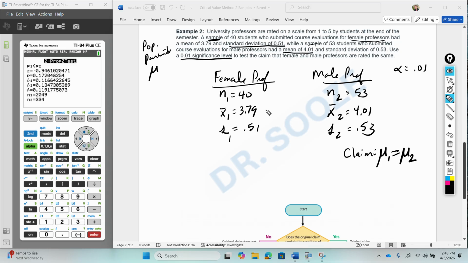Okay. So yes, in the two samples here, they're not the same. Okay, the mean score is not the same, but is that enough of a difference to be significant is what we need to be asking ourselves. Okay, now nowhere here do they tell us what the population standard deviations are.